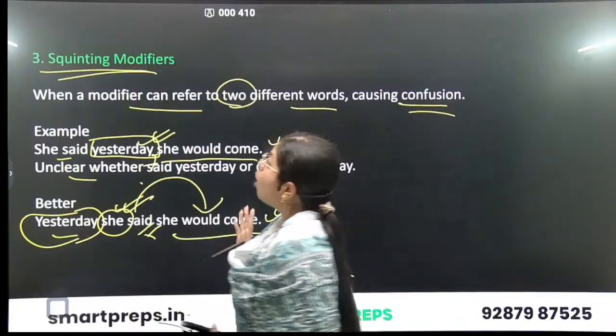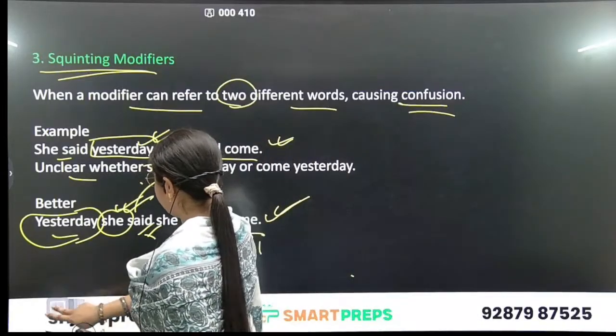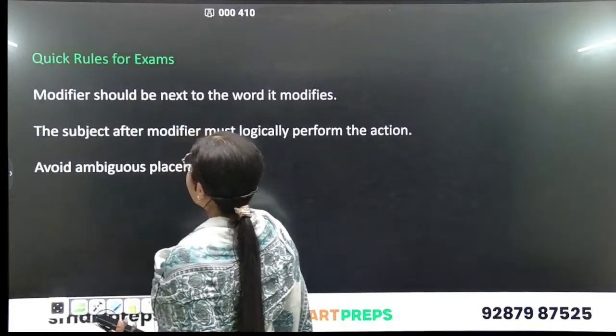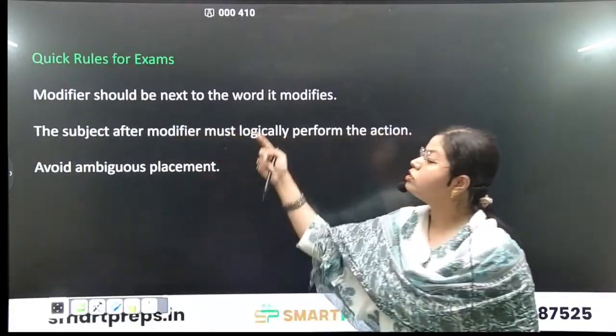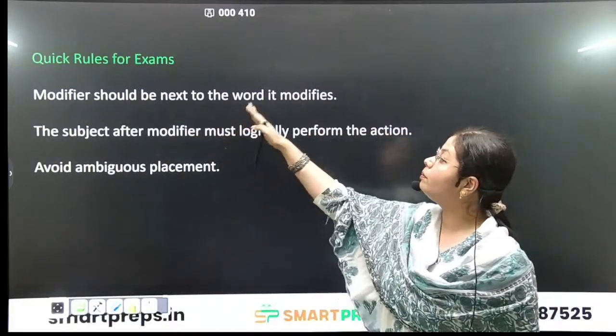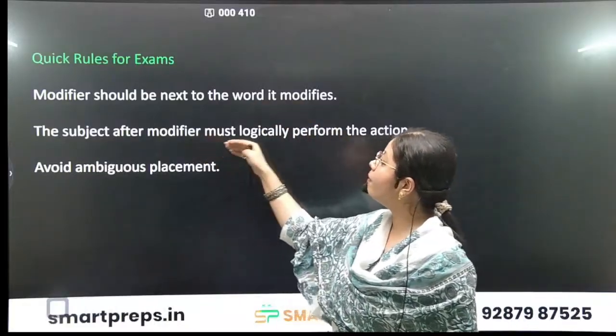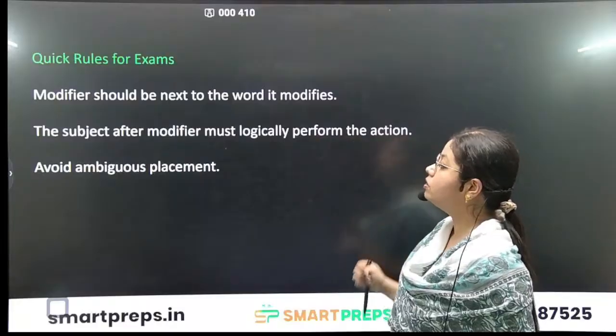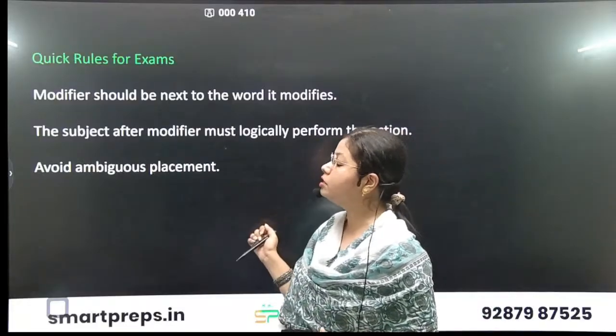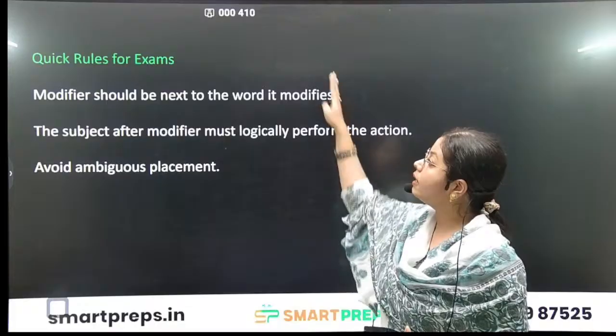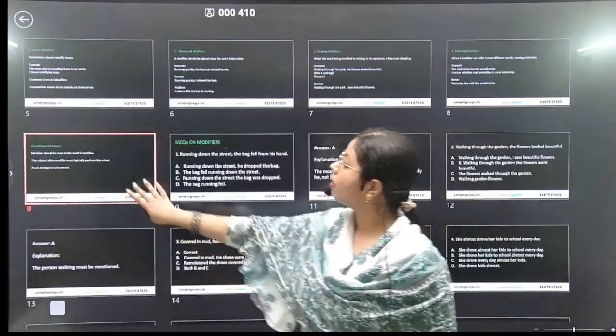So this is all about the squinting modifier. Now I have brought some quick rules. The modifier should be next to the word it modifies. The subject after the modifier must logically perform the action. Avoid ambiguous placement.